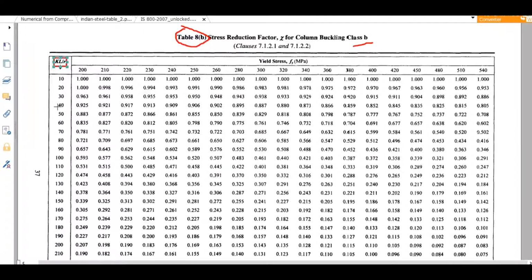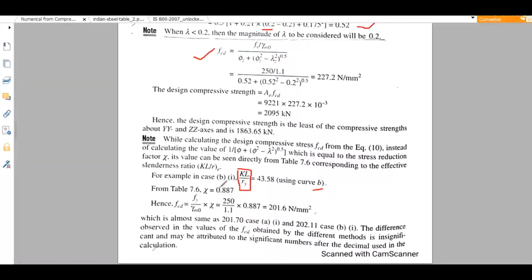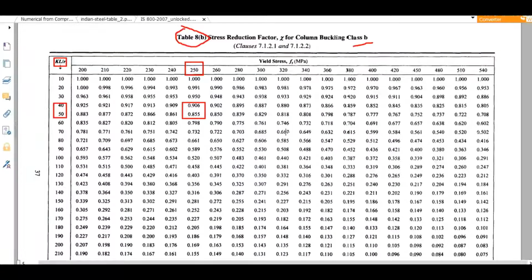So this is 43.58, so it is in this zone, and it is 250 yield stress. So for your 43.58, it will be in between 0.096 and 0.855. You have to find the particular answer for that particular slenderness ratio, and simply multiply with this fy by gamma m0 and that interpolated value. Here they have got 0.88887.